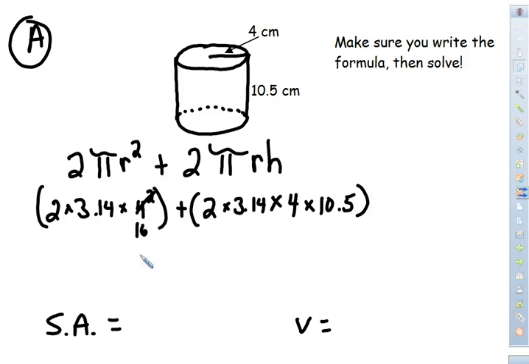So 2 times 3.14 times 16, which is going to equal 100.48, plus 2 times 3.14 times 4 times 10.5, which equals 263.76.